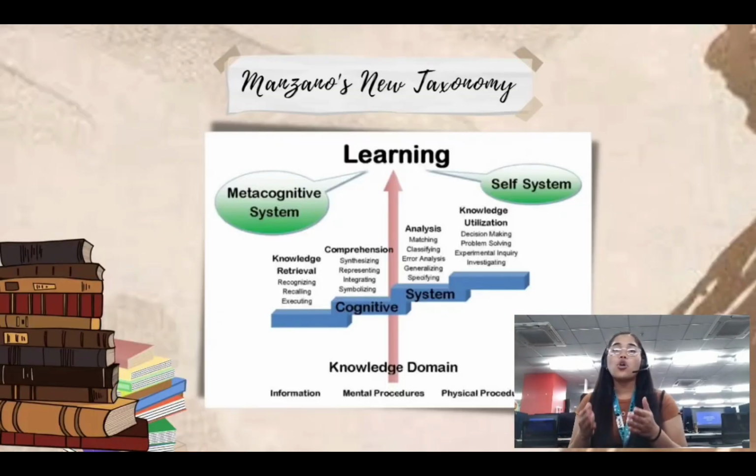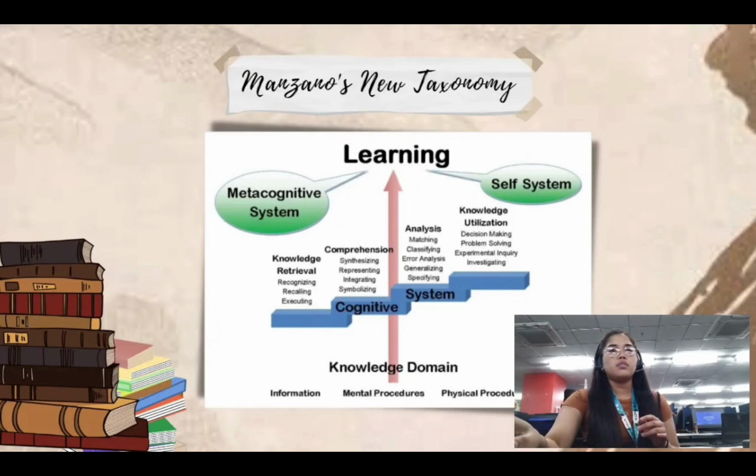So Robert Marzano proposed a new taxonomy of educational objectives. It incorporates a wide range of factors that affect how learners think and provides a research-based theory to help teachers improve their learners' thinking.